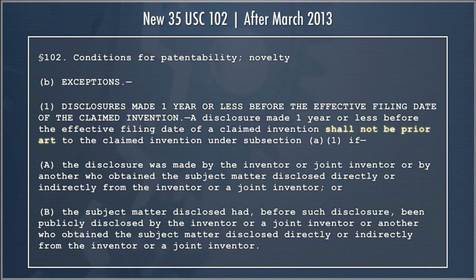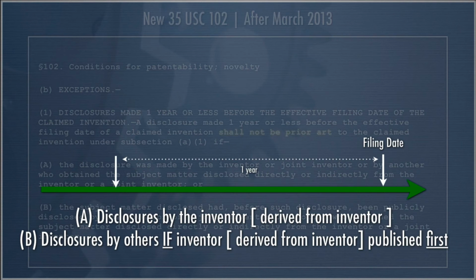So here's some exceptions, right? Disclosures made 1 year or less before the effective filing date of the claimed invention shall not be prior art if A, the disclosure was made by the inventor or joint inventor or by another who obtained the subject matter disclosed directly or indirectly, or B, the subject matter disclosed had before such disclosure been publicly disclosed by the inventor or a joint inventor or another who obtained the subject matter disclosed directly or indirectly from the inventor or a joint inventor, right?